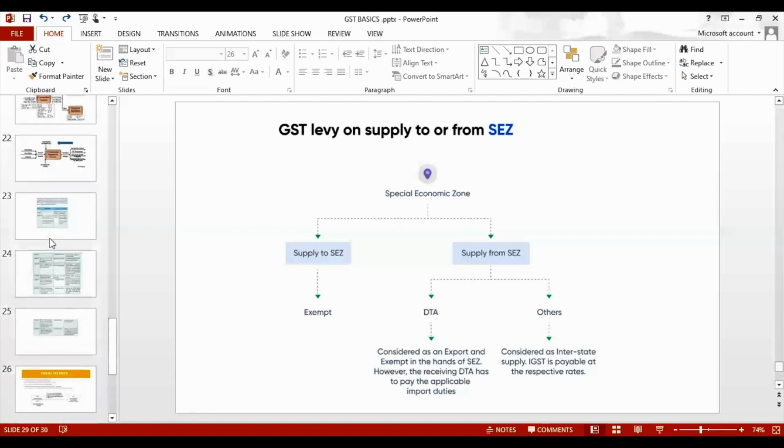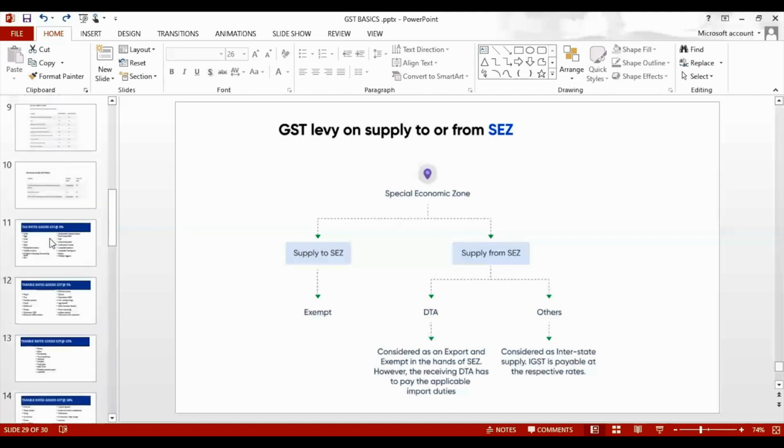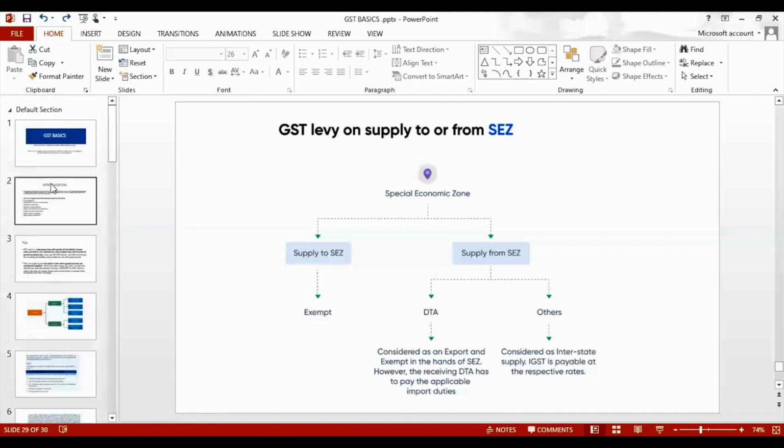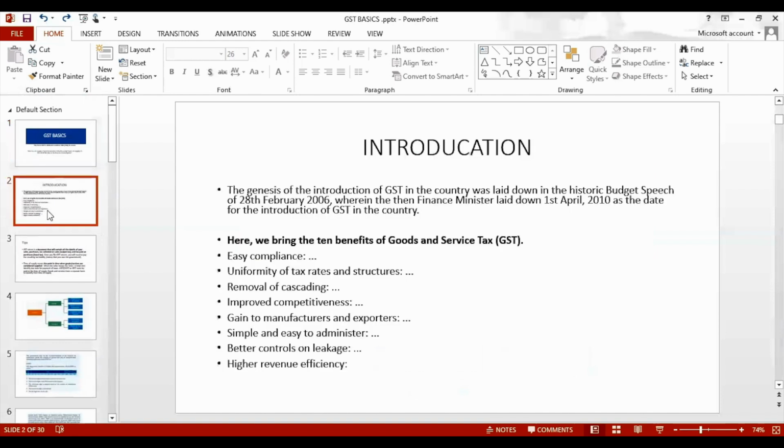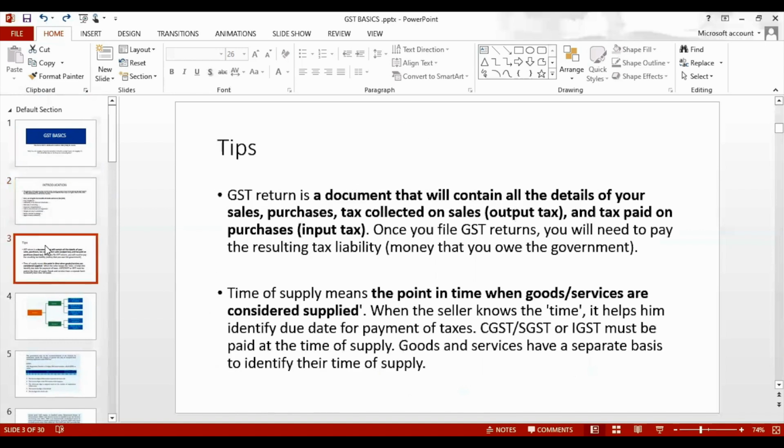Now my class explained the basic articles, starting with definitions. Second, the introduction, years and benefits, and tips. Purchase, sales, input credit, output credit, and the place where we do transactions, depending on CGST, IGST, SGST.